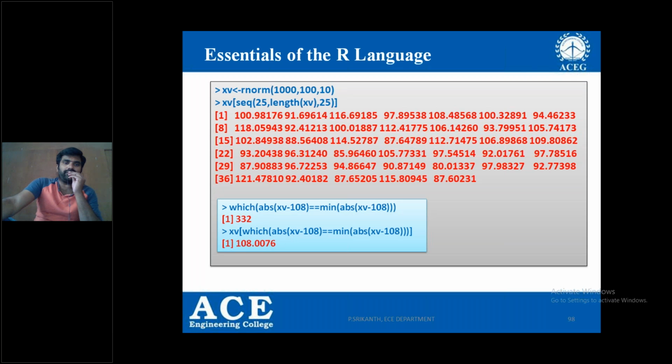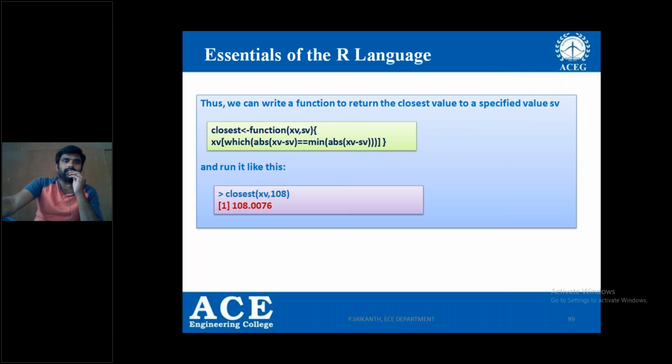So here, which function, finally what I can conclude here is, which function is used to check which value is existing at what position or what index, right? And similarly, you can find the closest value to any required value here.